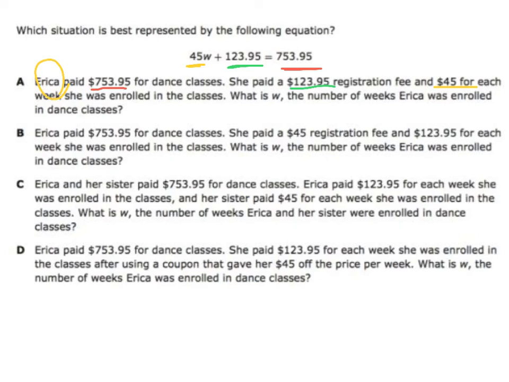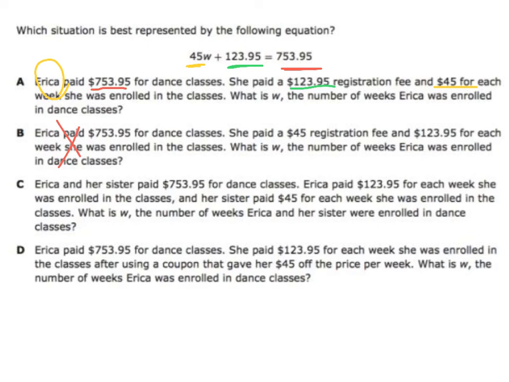And if you go through the rest, we can figure out where they went wrong. So in B, the total is correct again. She paid $45 registration fee. Well, that would be our constant. That would have to be what you're adding, and you would be multiplying by 123. So that is why that would be incorrect. All right, we look at the third one. Again, the total is the same. That is correct.